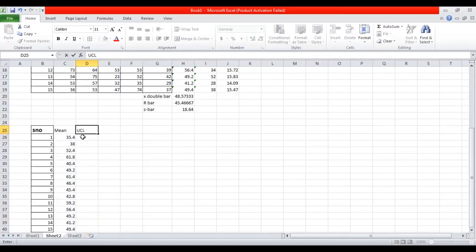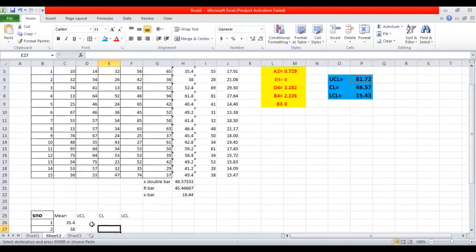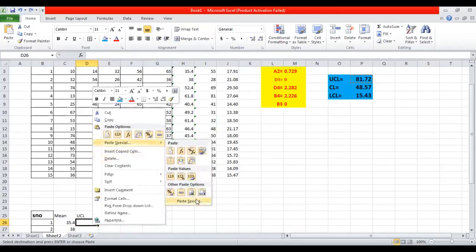For that, you have to create the columns UCL, CL and LCL. What is the UCL value? This is the UCL value. Copy this one and paste it here. I've used a formula, so I'll use paste special.